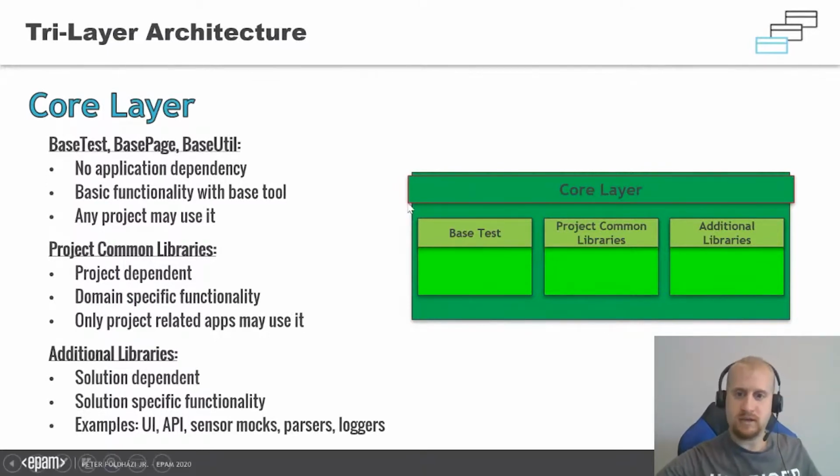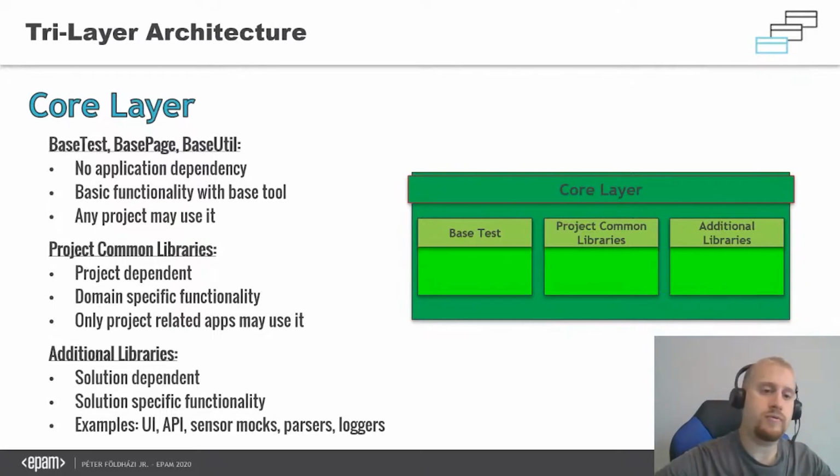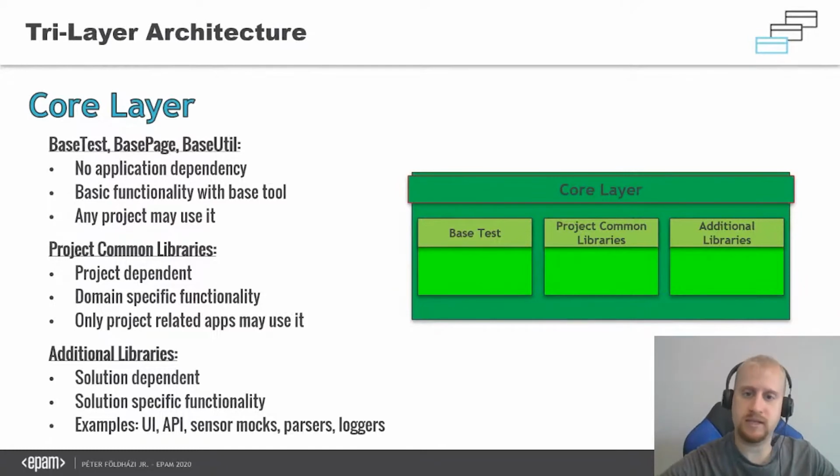And what you can do is have your base test, base page, base URL class-wise here, and whatever you want to add that is application dependent, you would just override these functions, or if you need to pass certain values, you would pass them in.